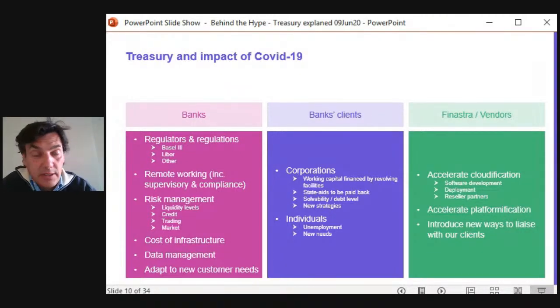In terms of other streams of regulators and regulation, I think it's interesting to hear that the PRA and the FCA in the UK have told lenders, I think no later than the 29th of May, not to assume that extending repayment holidays during the crisis will increase their risk of losses.